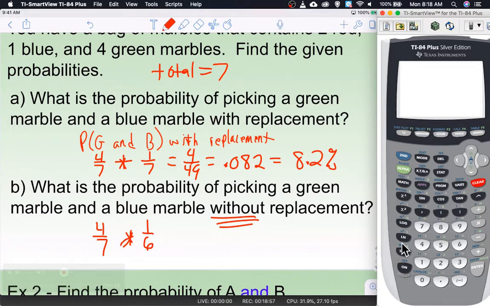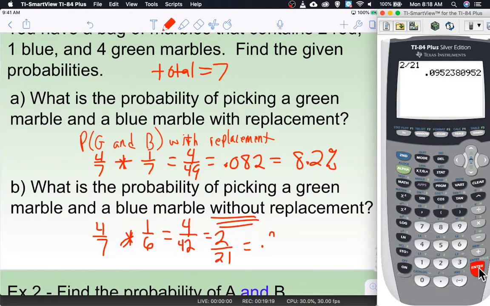And if we multiply them together, it's easier to do this in your head than on the calculator. 4 out of 42, which simplifies to 2 out of 21, which I could change into 0.095. That 0 makes a big difference. That changes it from being 95% into 9.5%.